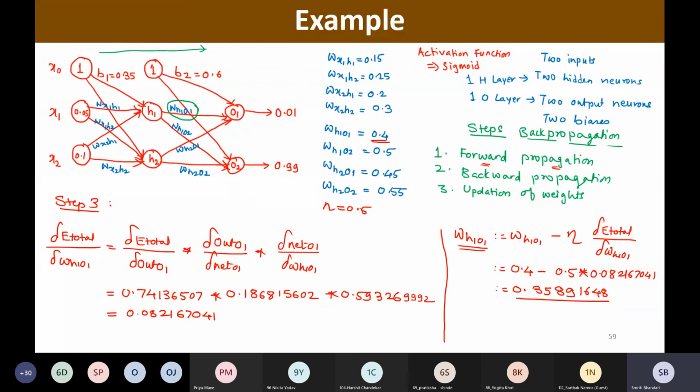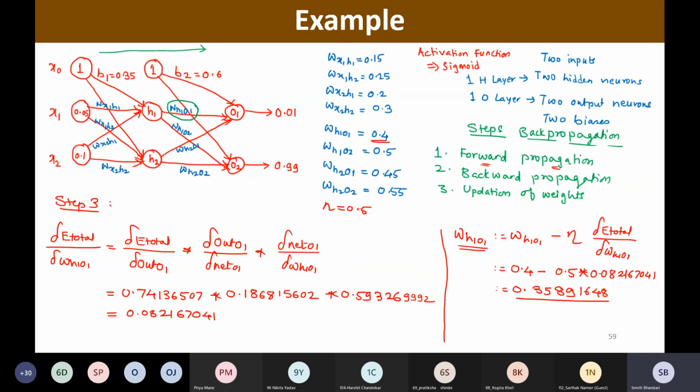Manually it is not possible to do that. I explained this process only so that you understand what is actually happening. The same process continues for updation of all the weights. Here our neural network is very small, having only 2 hidden neurons and 2 output neurons. In practice, we have very huge neural networks, and this entire process needs to be carried out.